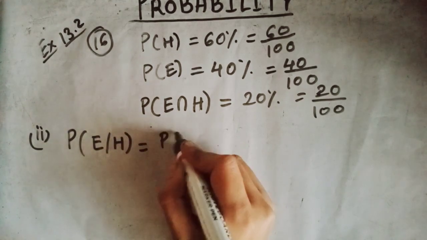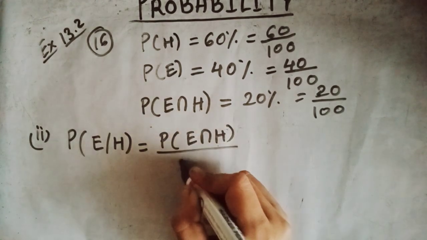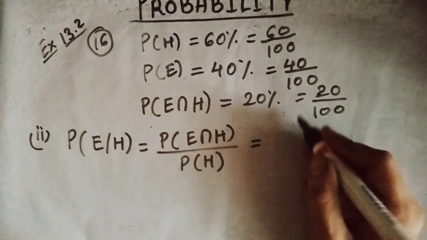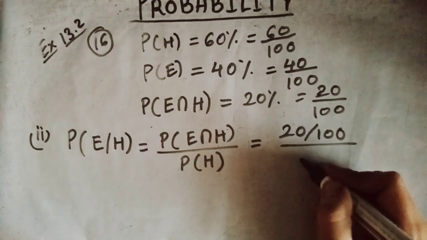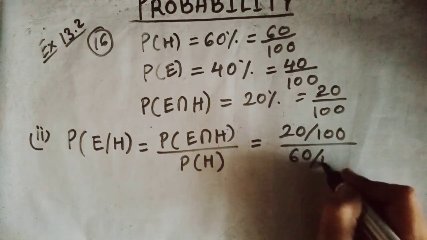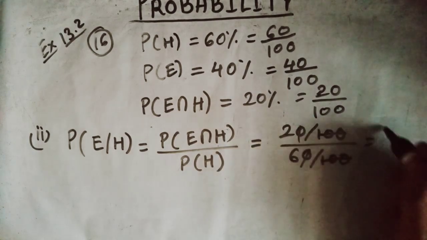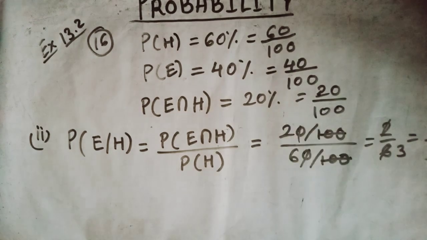So this is P of E intersection H upon P of H, which is 20 by 100 upon 60 by 100. So 2 upon 6, that is 1 by 3.